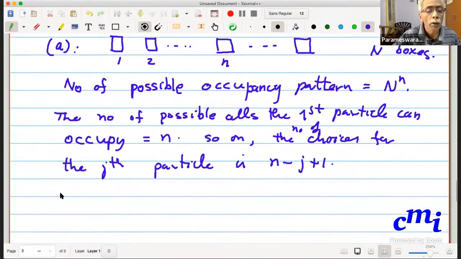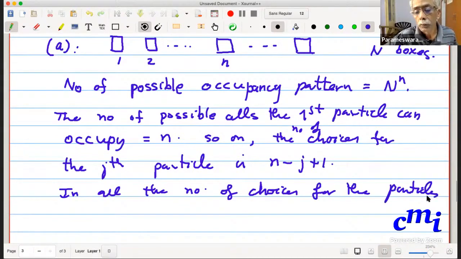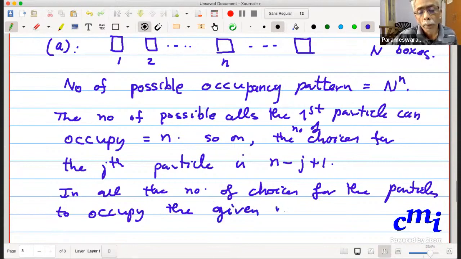So in all, the number of choices or patterns for the particles to occupy the given n cells is n factorial.